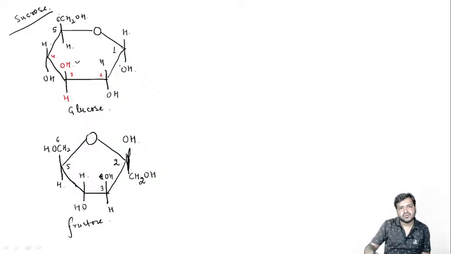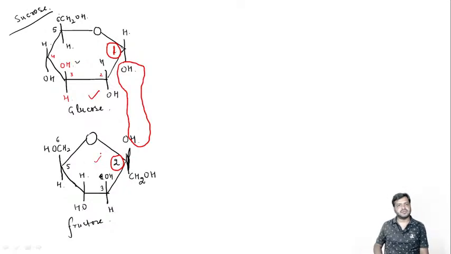Now what I'm trying to do, I'm just trying to remove a water molecule. Okay, I'm removing the water molecule from the first carbon of the glucose and from the second carbon of the fructose.